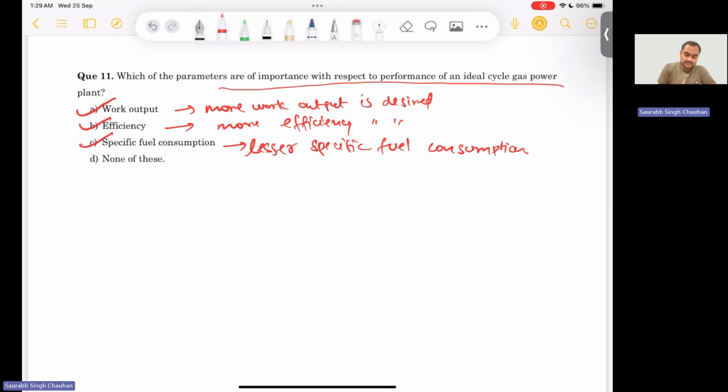So all of these are important parameters. So option A, option B, and C, all these three options are correct. Okay.